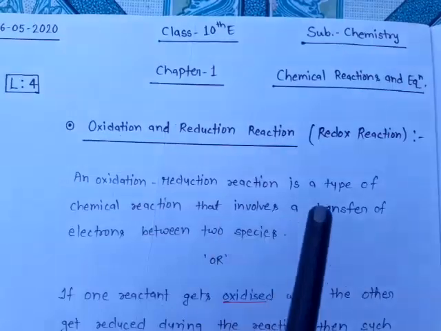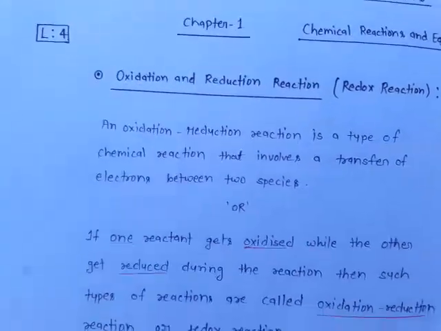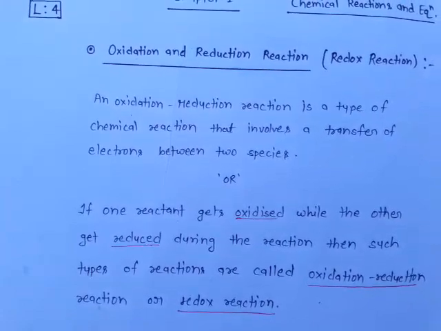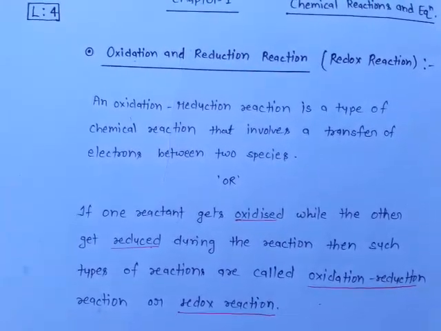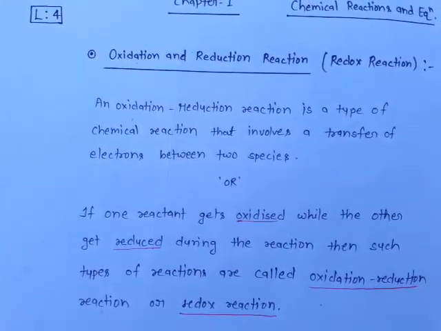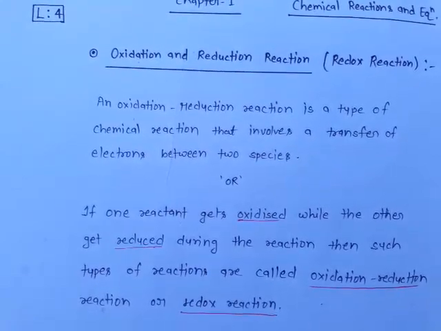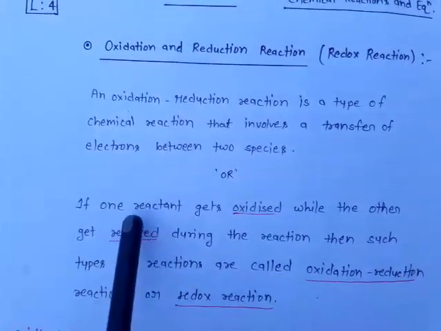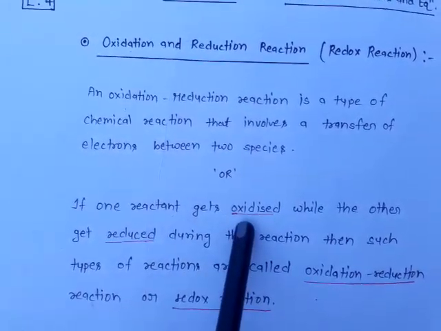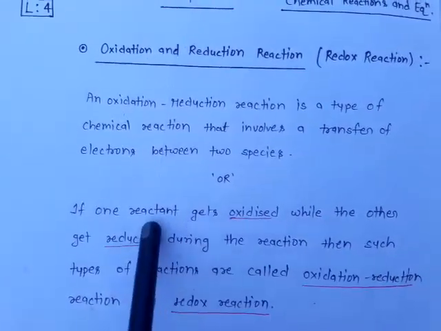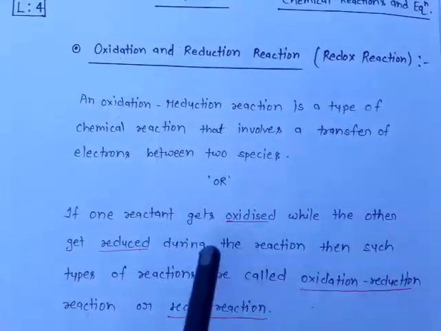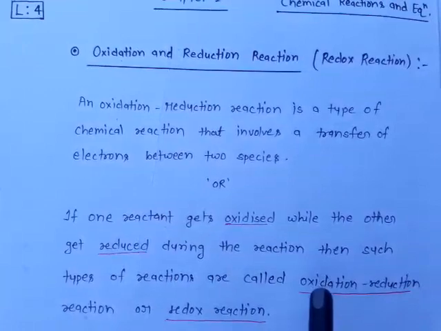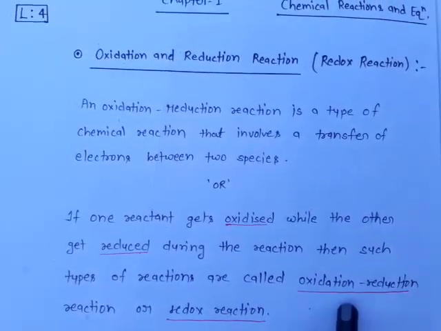Now this redox reaction can also be defined as: if a reactant gets oxidized while the other gets reduced during the reaction, then such types of reaction are called oxidation reduction reaction or redox reaction. That is, if one reactant is oxidized in a chemical reaction and the other reactant is reduced, then we say it is an oxidation reduction reaction.